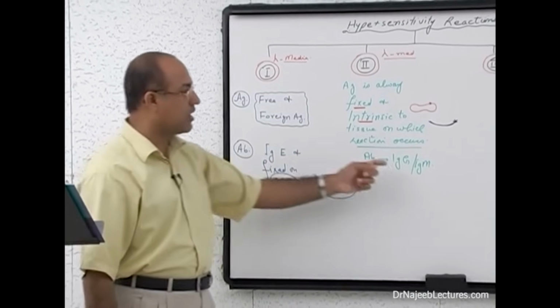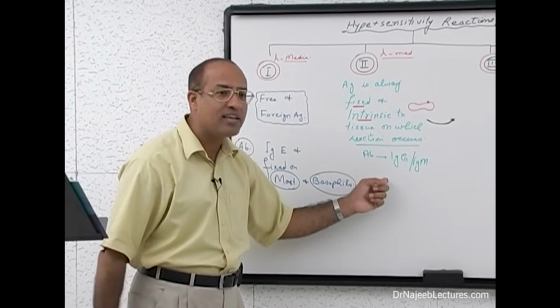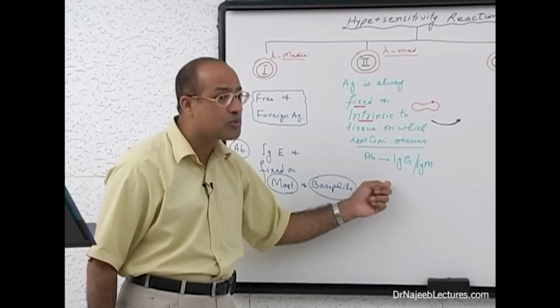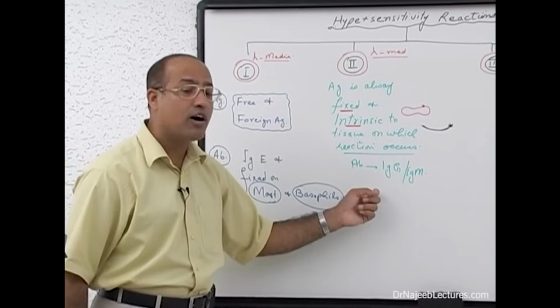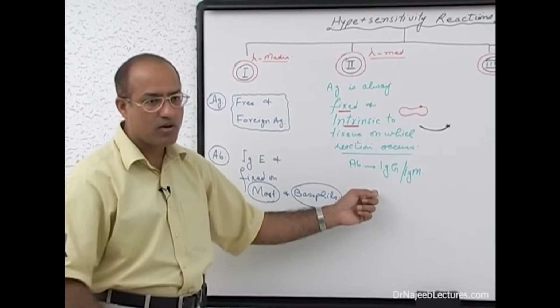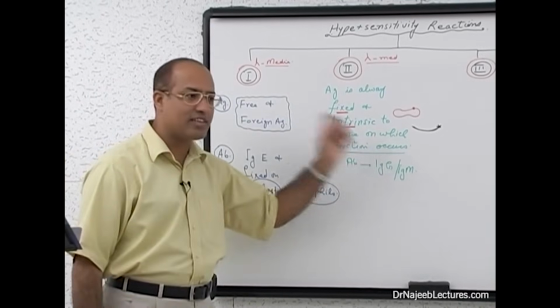So in both type 1 and type 2, you will not find freely circulating antigen antibody complexes in body tissues, body fluids or circulation. Why? Here the antibody was fixed and there the antigen was fixed.